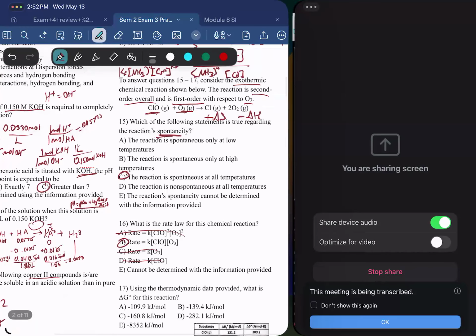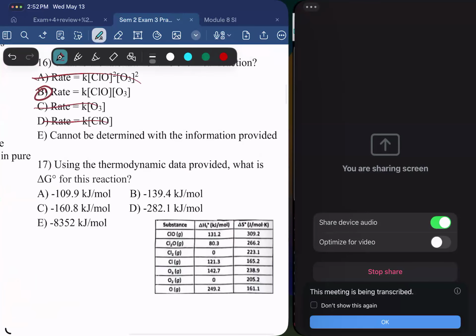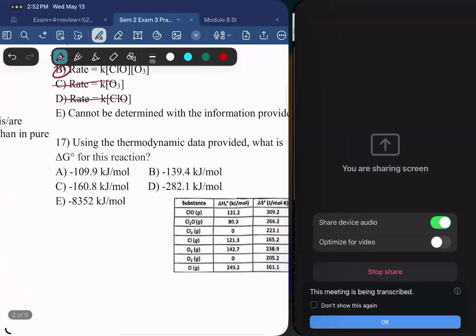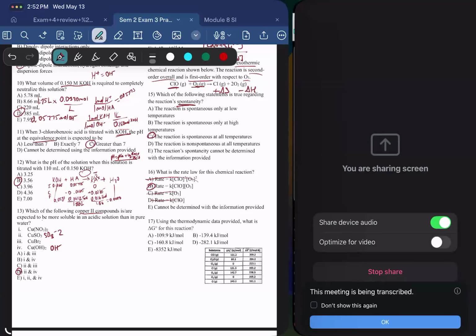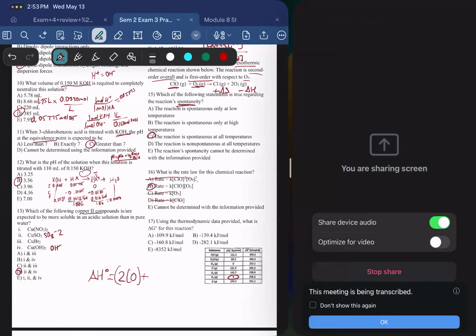Okay. And then using the thermodynamic information, what is delta G naught, right? And so we can figure that out by plugging in values. So products minus reactants, so 2 oxygen O2, delta H for this case would be 2 times 0 plus Cl gas.